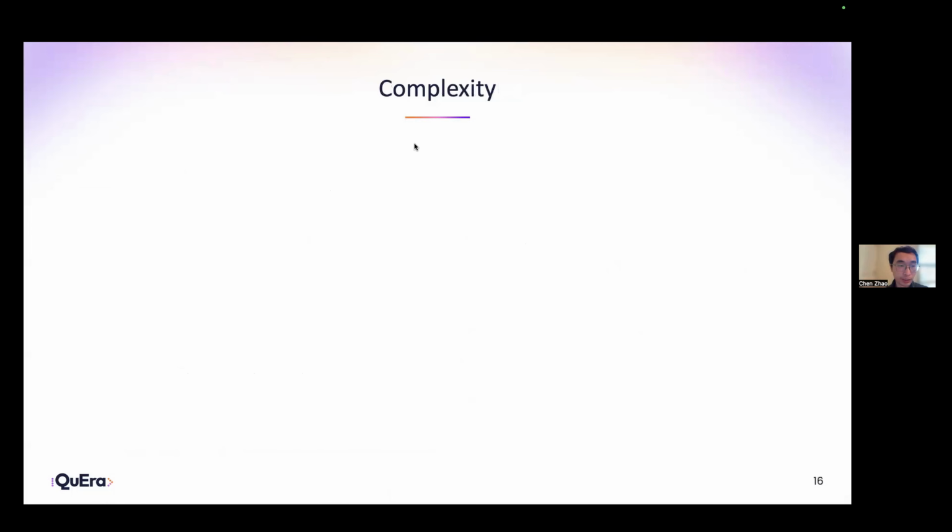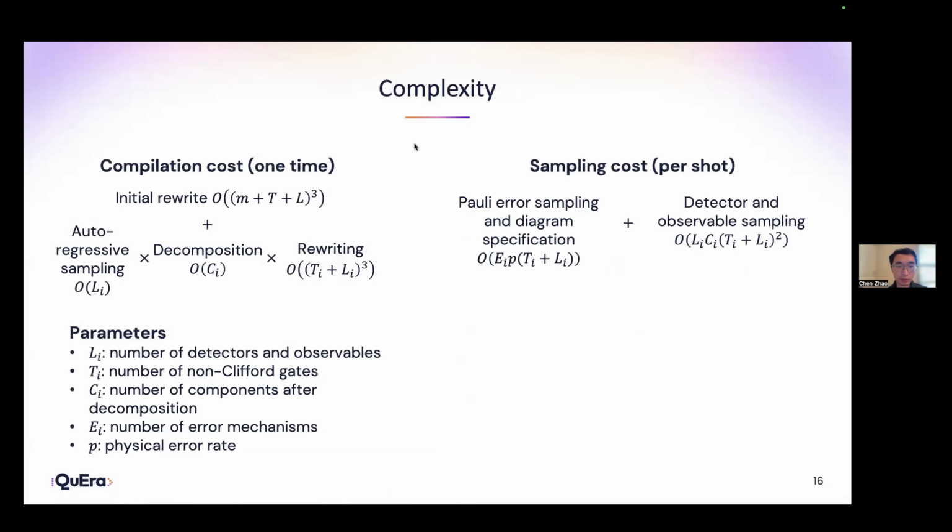And for the complexity, I will just give a high-level overview. Basically, we have the one-time compilation, which compiles a circuit into a JAX kernel, allowing us to get as many samples as we want.